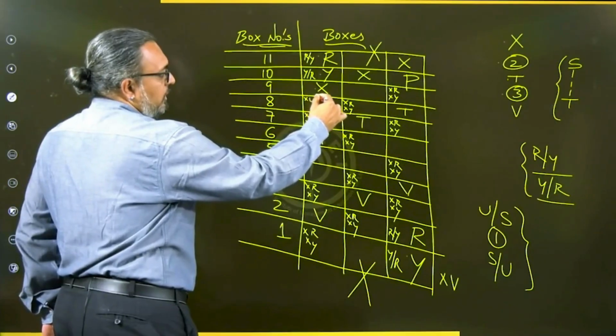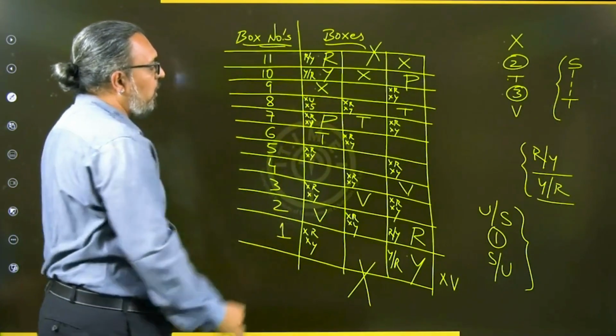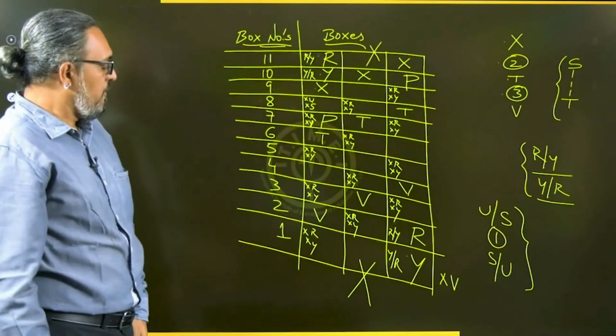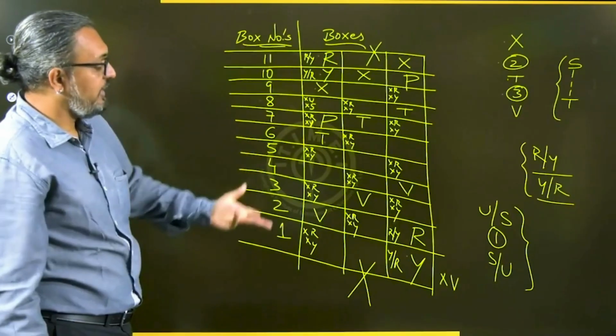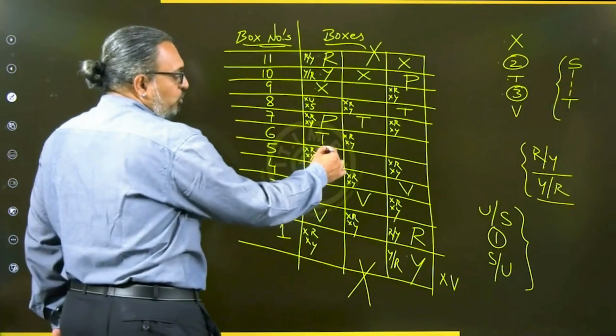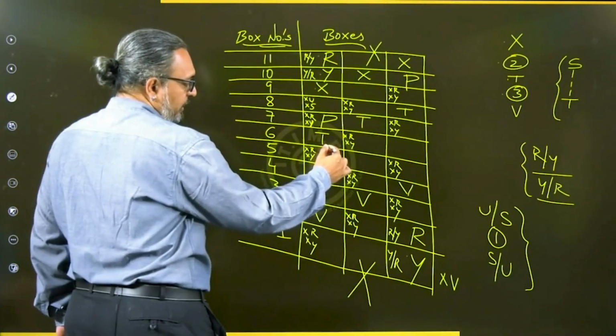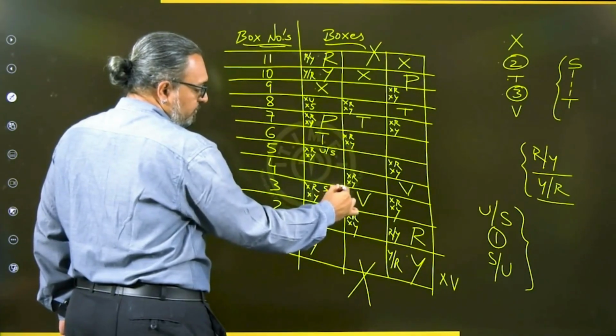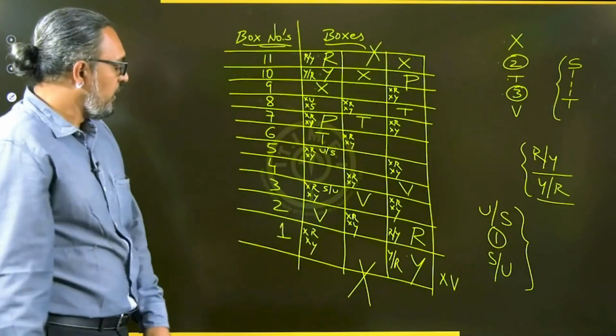Not possible, because leaving a gap of one box either above or below, you already have positions fixed. So that means now 5 and 3 are the possibilities, correct? So you can have U or S here in the 5th, S or U in the 3rd.